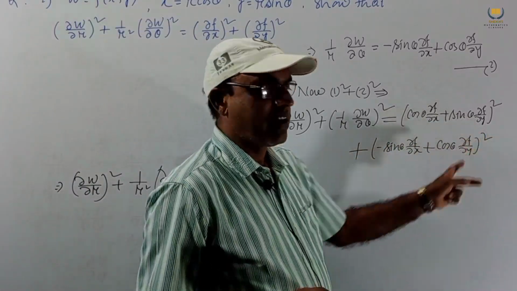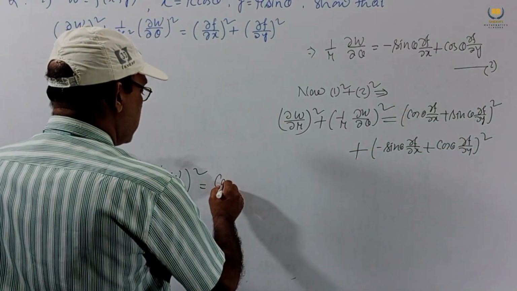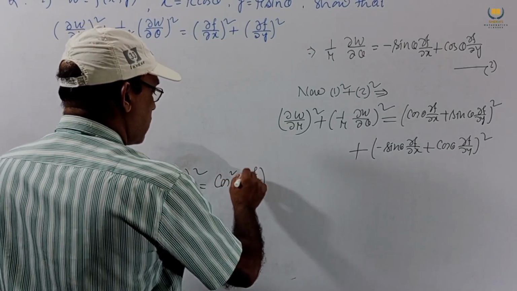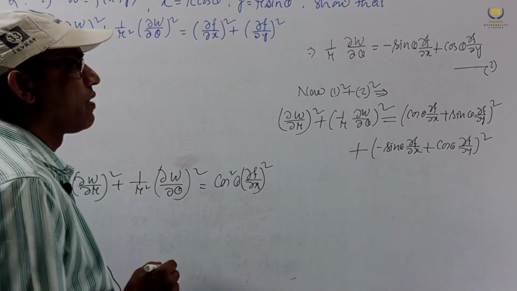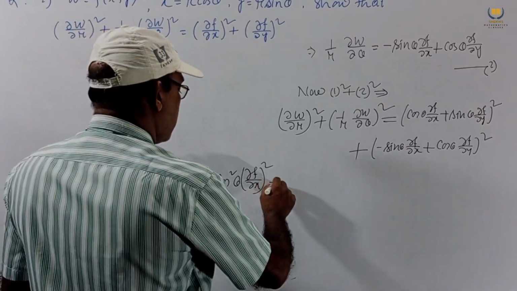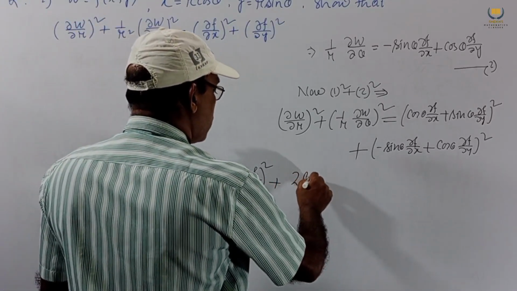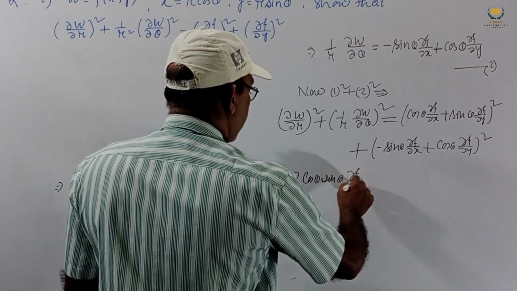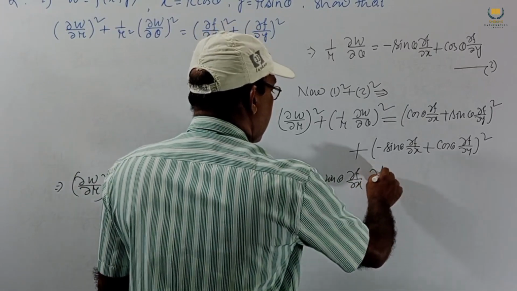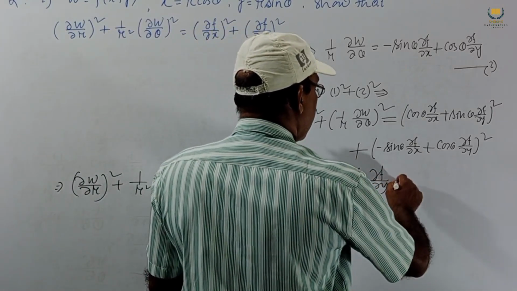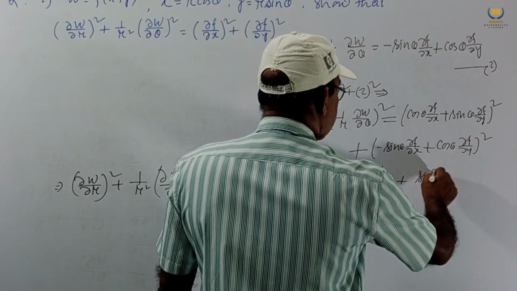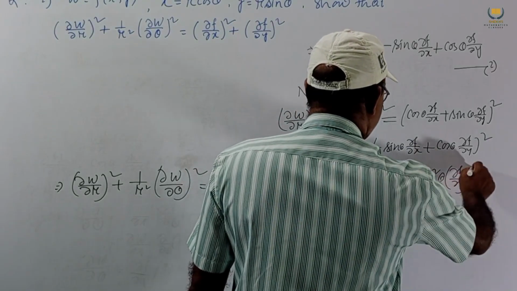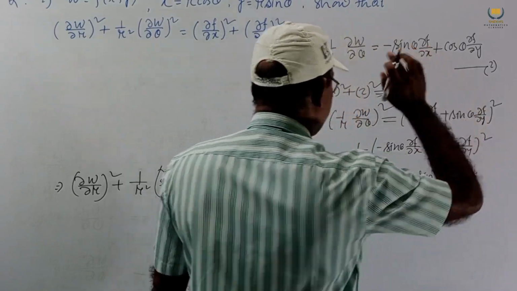This is the first formula in our life. This will be a² = cos²θ (∂f/∂x)² plus twice ab, 2 cos θ sin θ ∂f/∂x ∂f/∂y, plus sin²θ (∂f/∂y)². This is (a+b)².